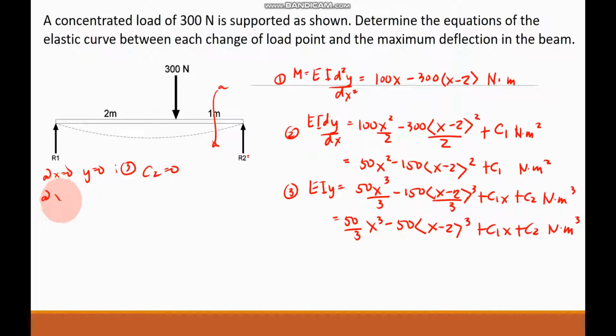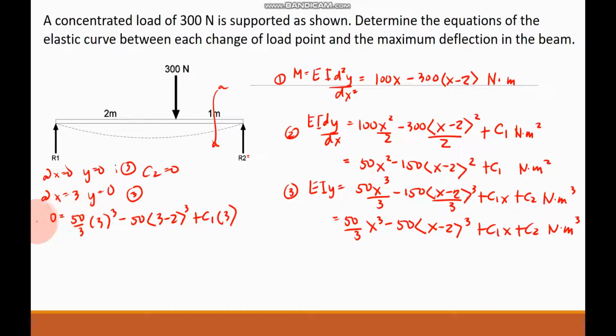Next, at x equal to 3 meters, y is also 0. Right? The deflection is 0 at this part. So, by using equation 3 again, we substitute here. So we have 0 is equal to 50 over 3 times 3 raised to 3, minus 50 times (3 minus 2) raised to 3, plus C1 multiplied by 3.